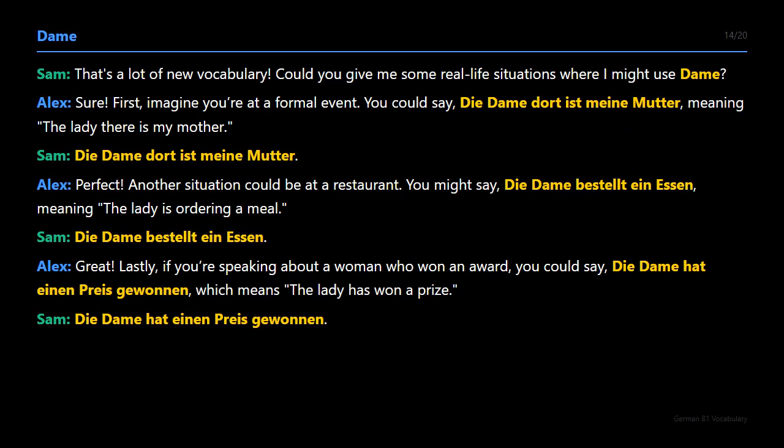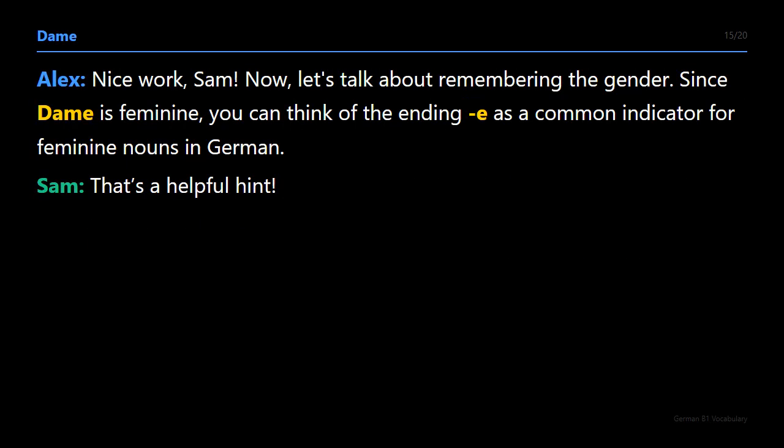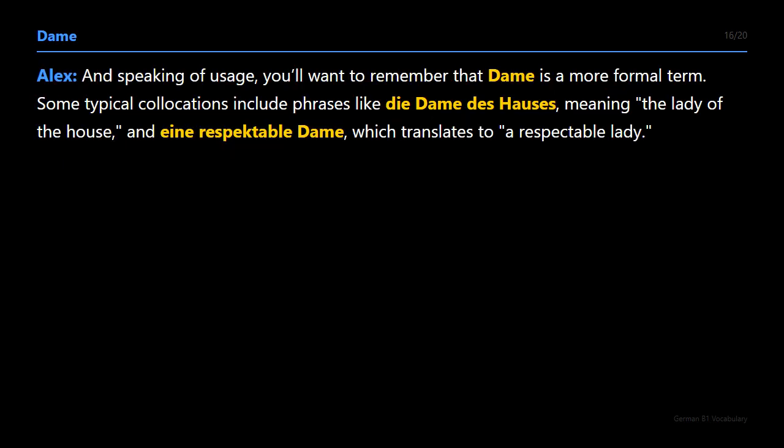Nice work, Sam. Now, let's talk about remembering the gender. Since Dame is feminine, you can think of the ending as a common indicator for feminine nouns in German. That's a helpful hint. And speaking of usage, you'll want to remember that Dame is a more formal term.